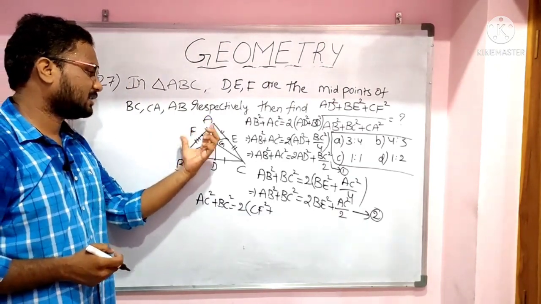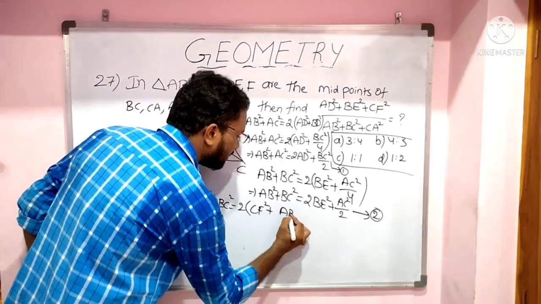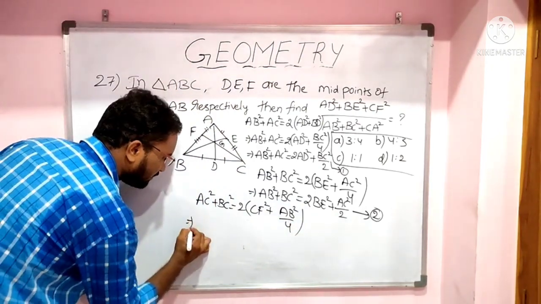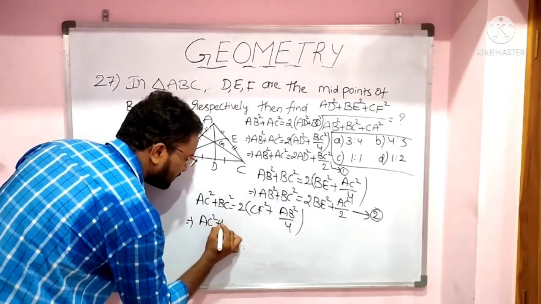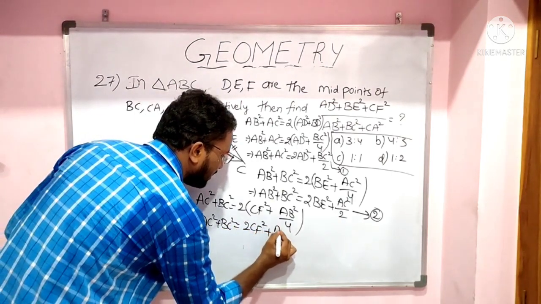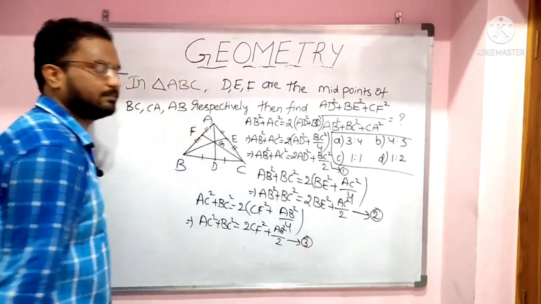We can write AF square as AB by 2 whole square, so AB square by 4. So from this, AC square plus BC square equals 2 into CF square plus AB square by 2. This is equation 3.